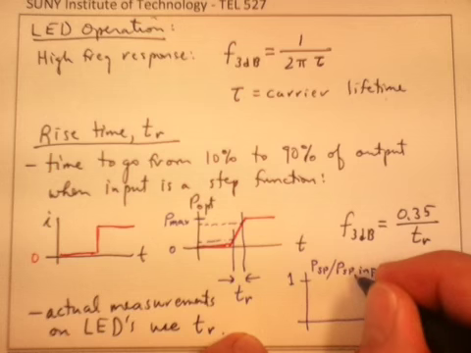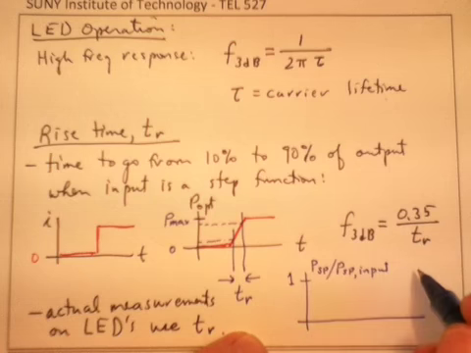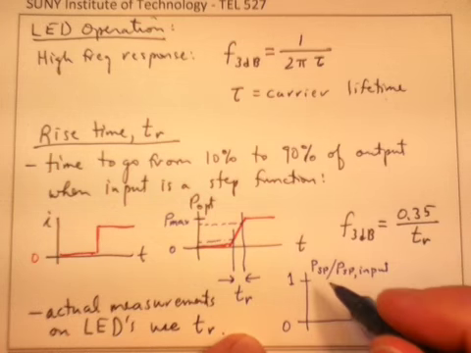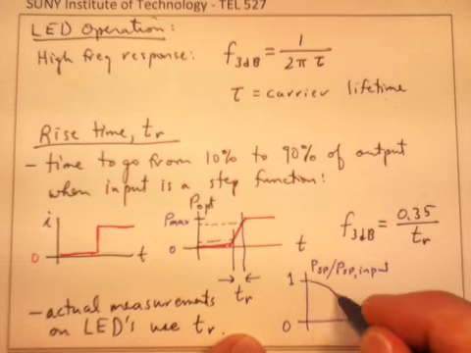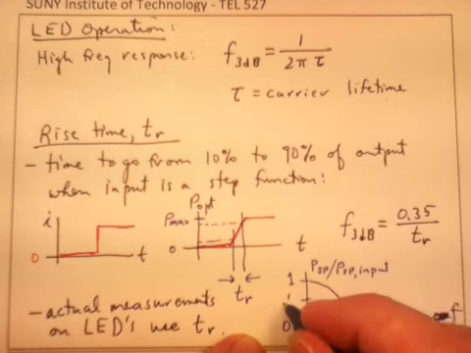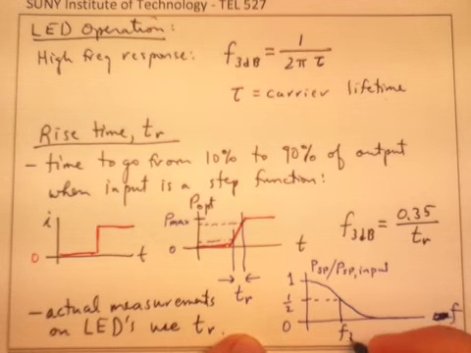So this is a value that goes from 0 to 1, and as a function of frequency, let's just label it F now. We have something like this, and we have a 1/2, and this is our F 3 dB.